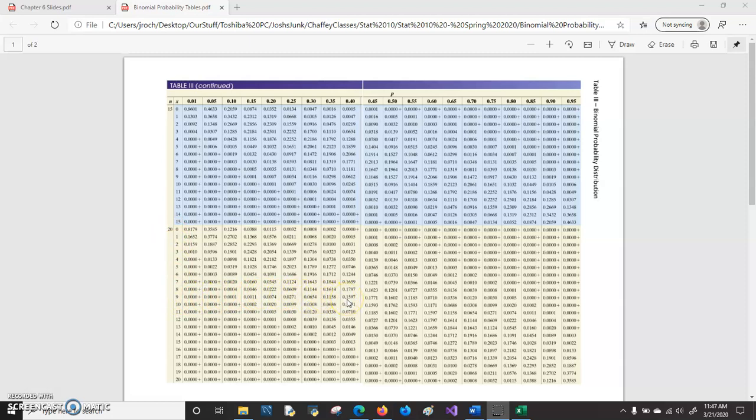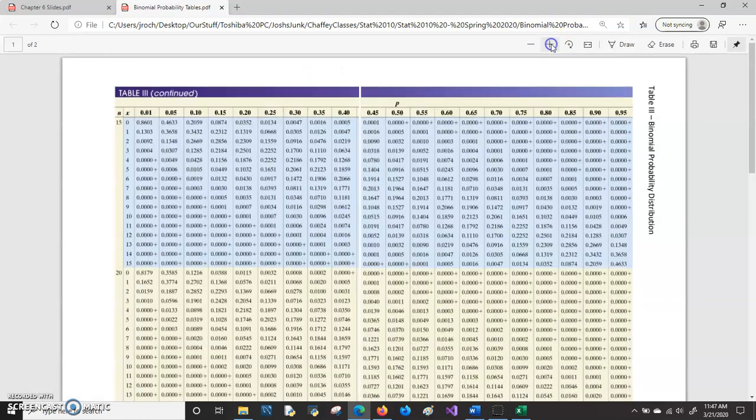And try to magnify this. And it's right here.